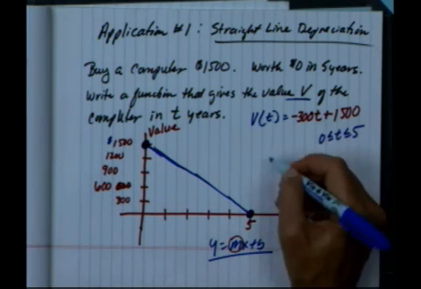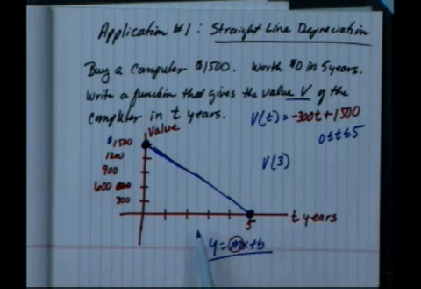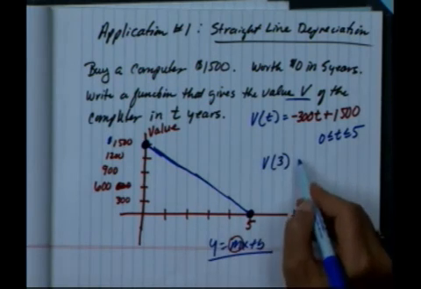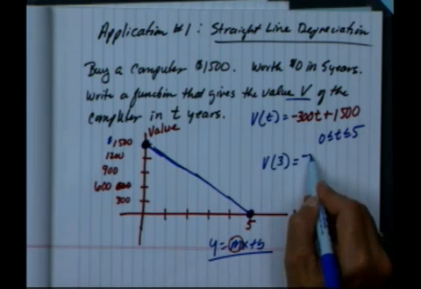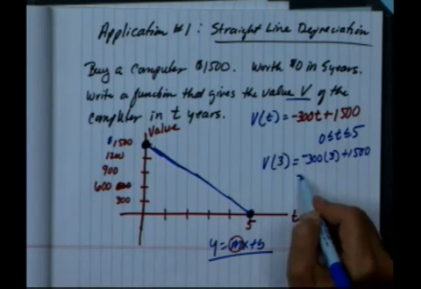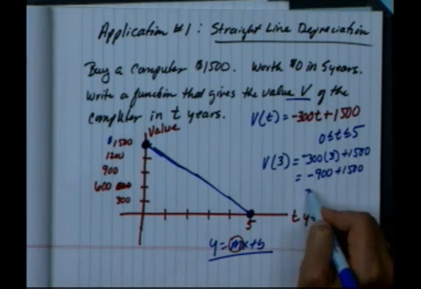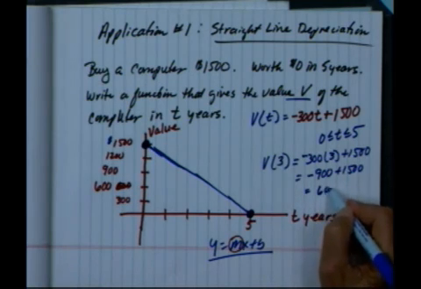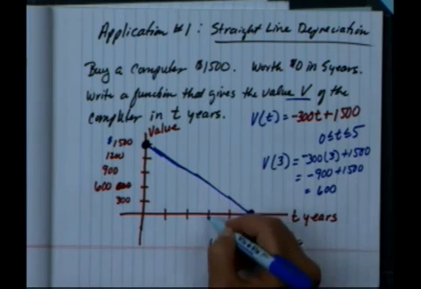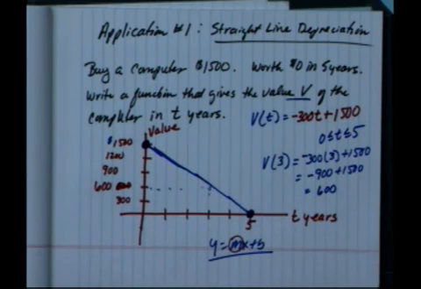Once you've got this, it's very easy to see what is the value of the function at 3. Means after 3 years, what is its value? So that's negative 300 times 3 plus 1,500. Negative 900 plus 1,500, which looks like that must be 600. And so if you go up 3, there it is, close to 600 anyway, supposed to be.